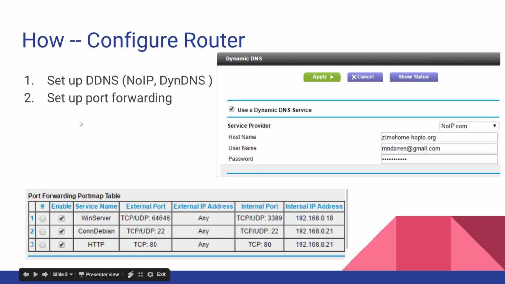That means an outside computer can use the browser, type your host name through this external port to remote desktop your Windows server. 3389 is the remote desktop port.